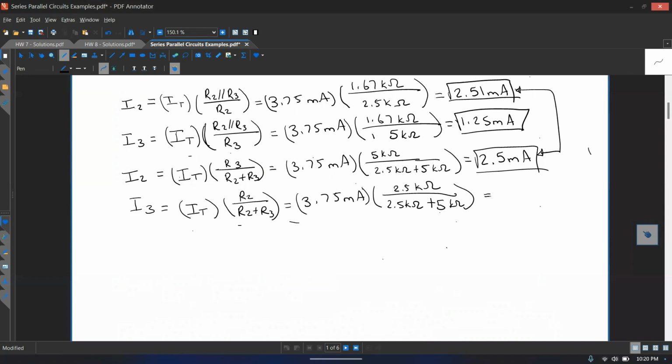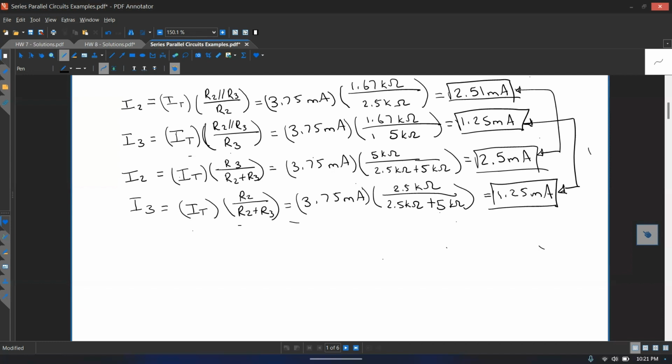Then we plug that in, and you get 1.25 milliamps. And so that also matches what we had before.